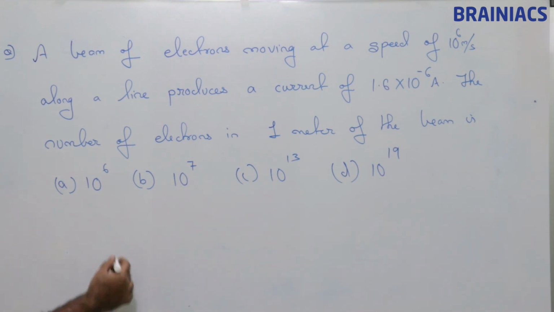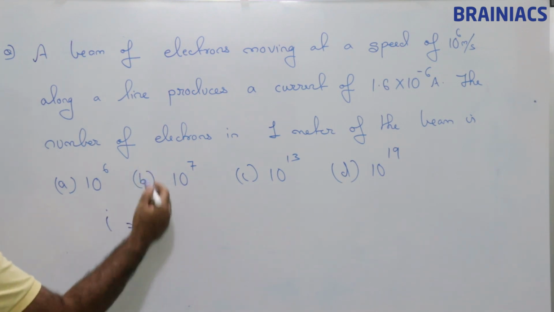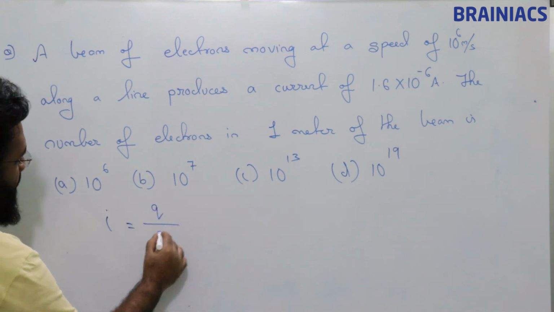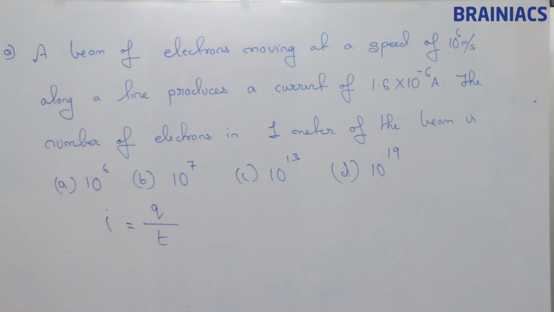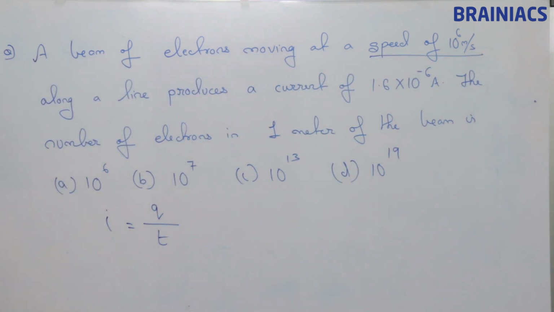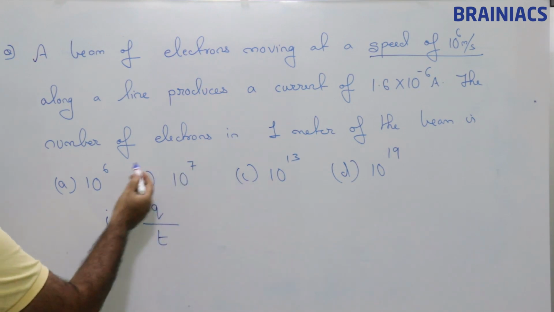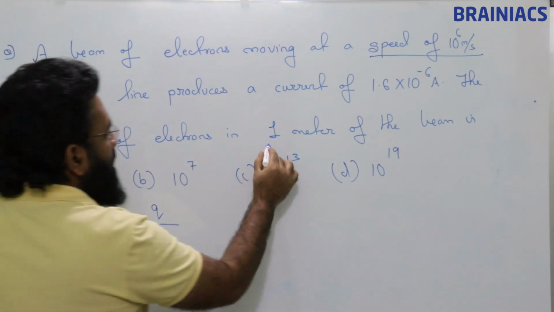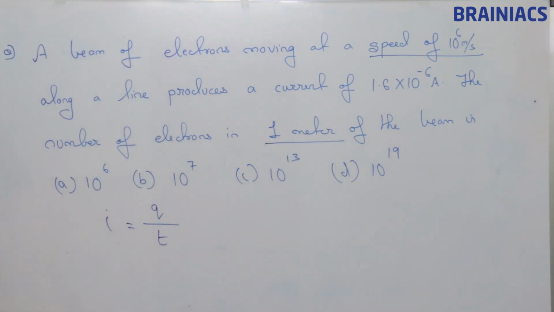So here again we have got current given, I is equal to Q by T. Time is not given. Instead, they have given speed of 10 raised to 6 meter per second, and they have specifically asked the number of electrons in 1 meter of beam. So number of electrons we need to find.